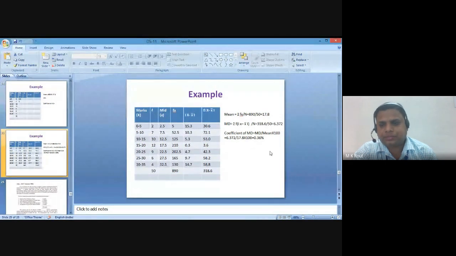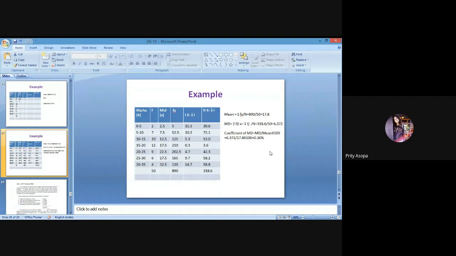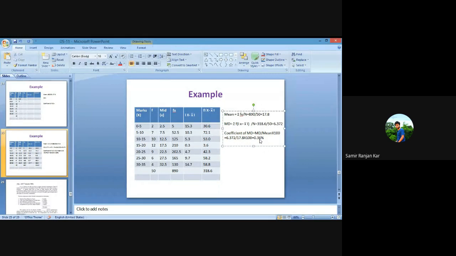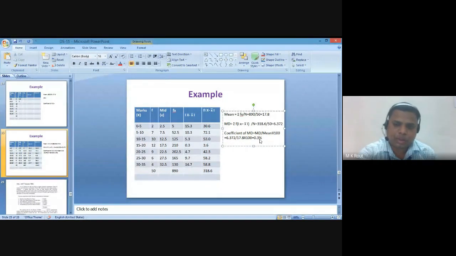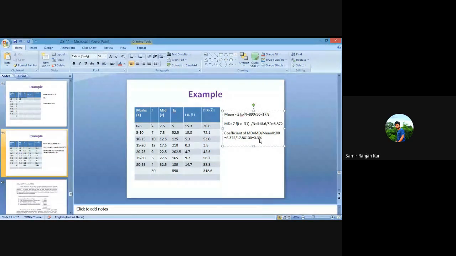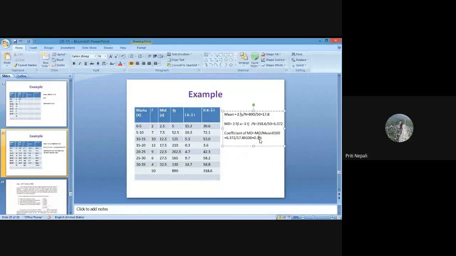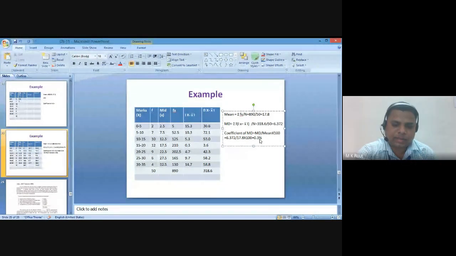How much? 35.78. I just correct this one, taking the extra digits, it is 35.79. So if you multiply with 100, how much? 35.79. Is it clear?